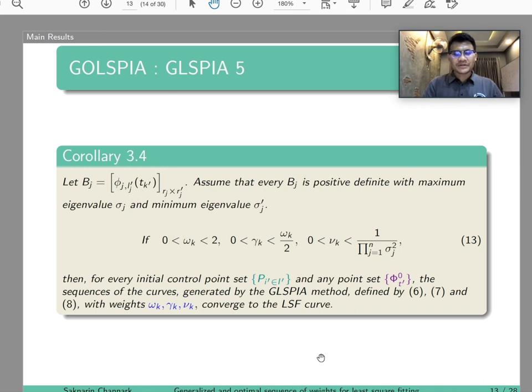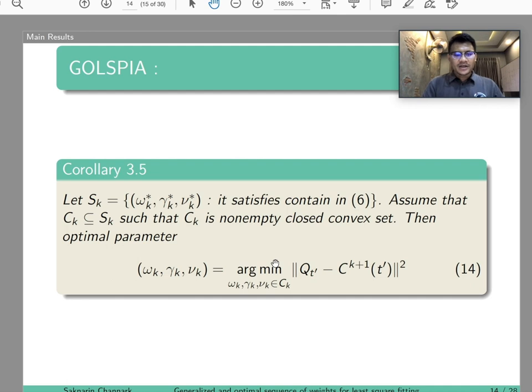And to simply choose the sequence of weights to use in our algorithm, we got Corollary 3.4 to reduce the form to be simpler to use in equation 13. And moreover, when we relax the constant weight to the sequence of weights, if we need to find the optimal sequence of weights, we use Corollary 3.5.